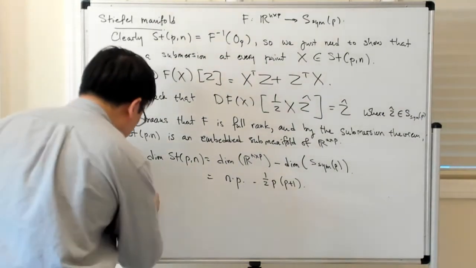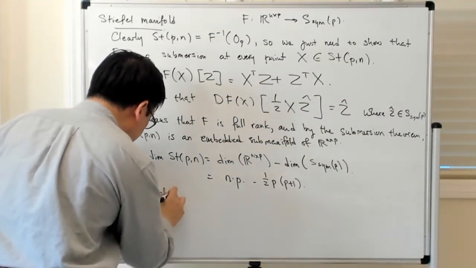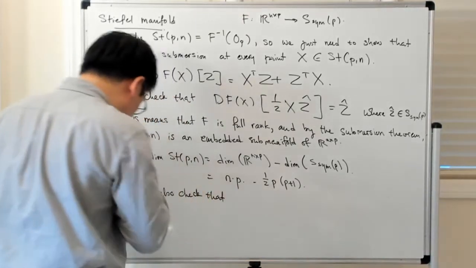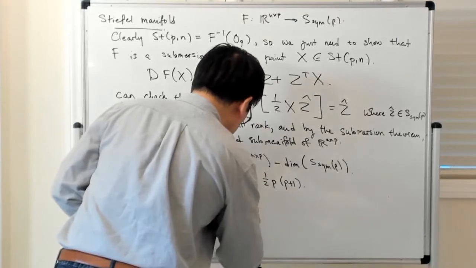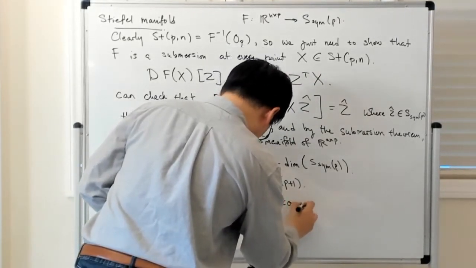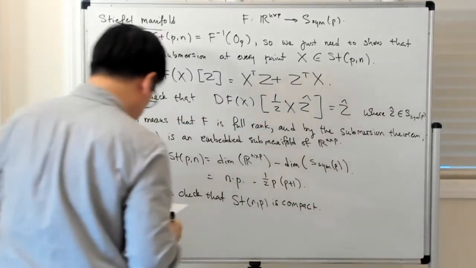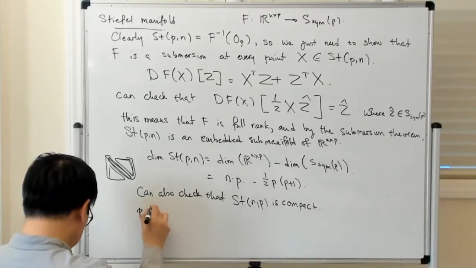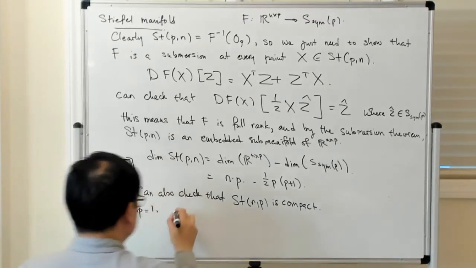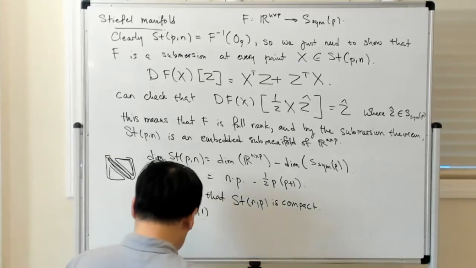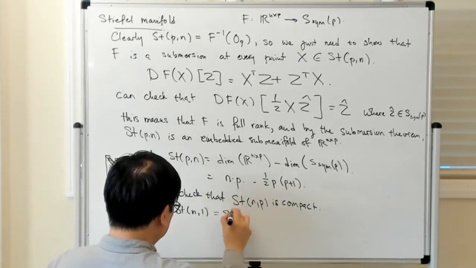You can also check that the manifold is compact. And then there are two limiting cases. When P is equal to 1, the Stiefel manifold St(1, n) is just the unit sphere S n minus 1.